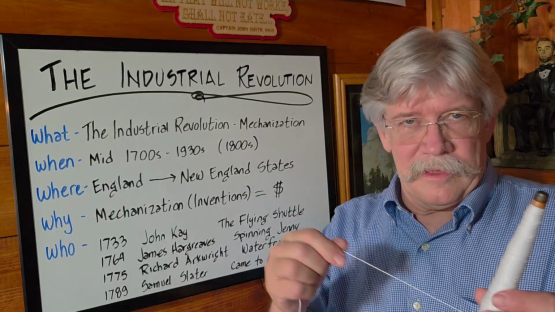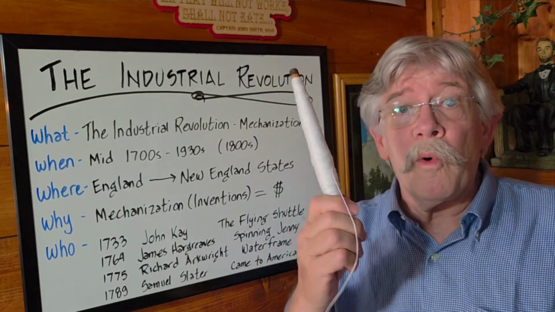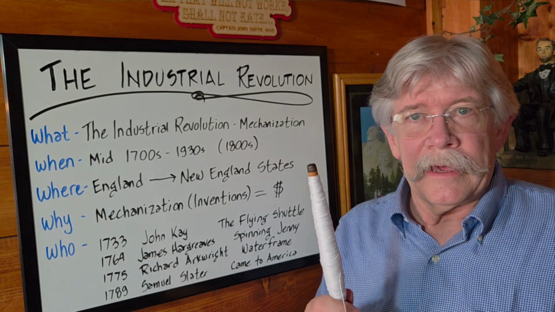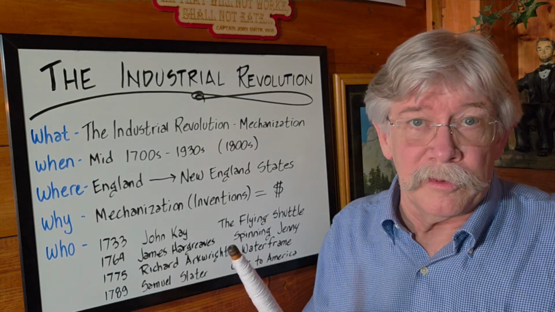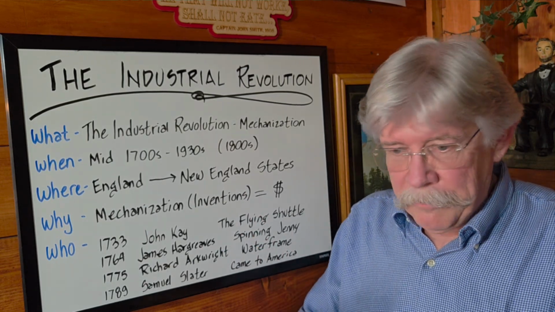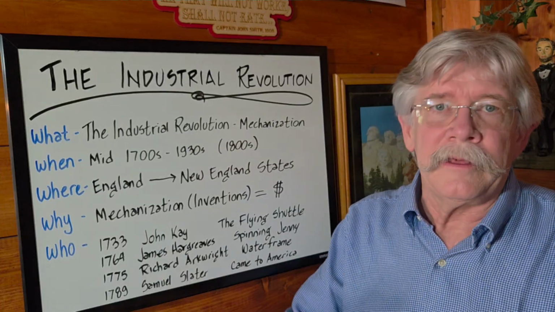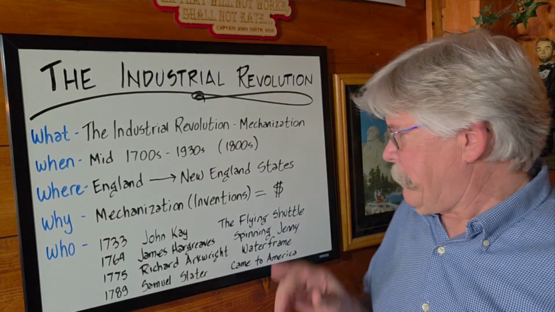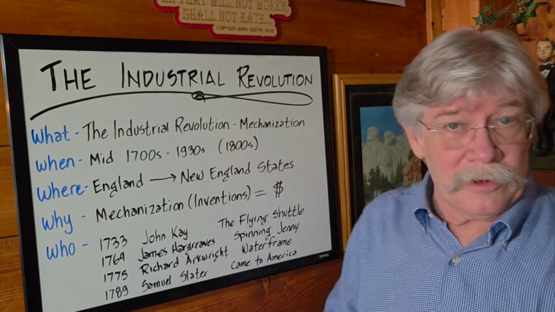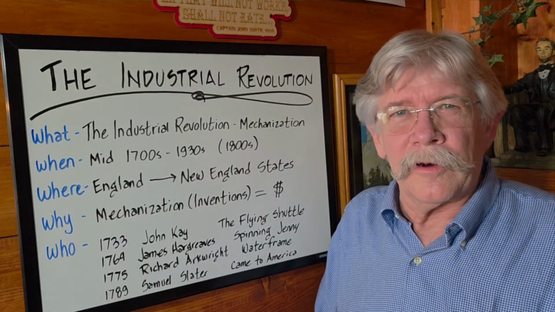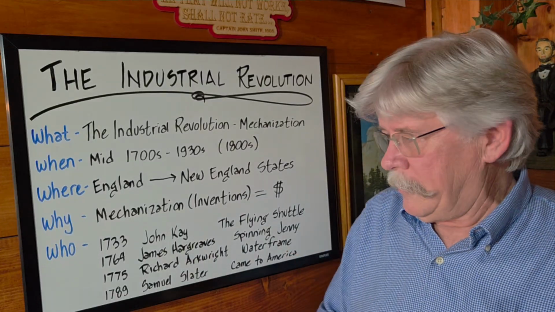He creates this thing, instead of spinning one spool of thread, it can spin dozens of spools of thread. It's still man-powered, it's still human-powered, but mechanization has now taken over making thread.